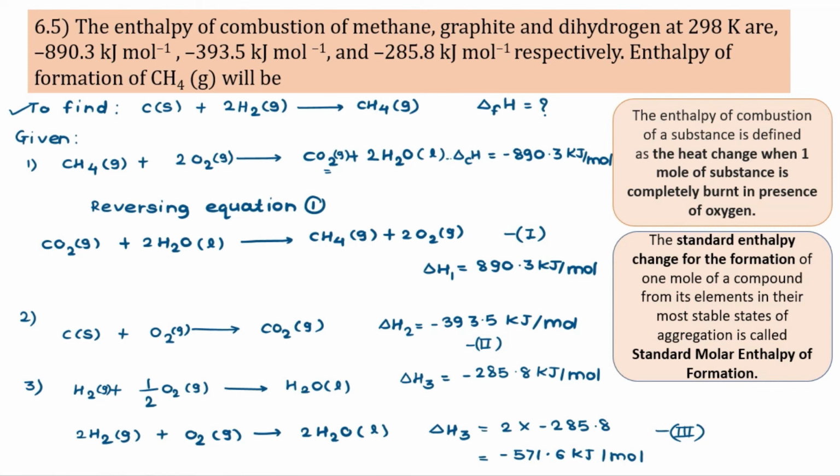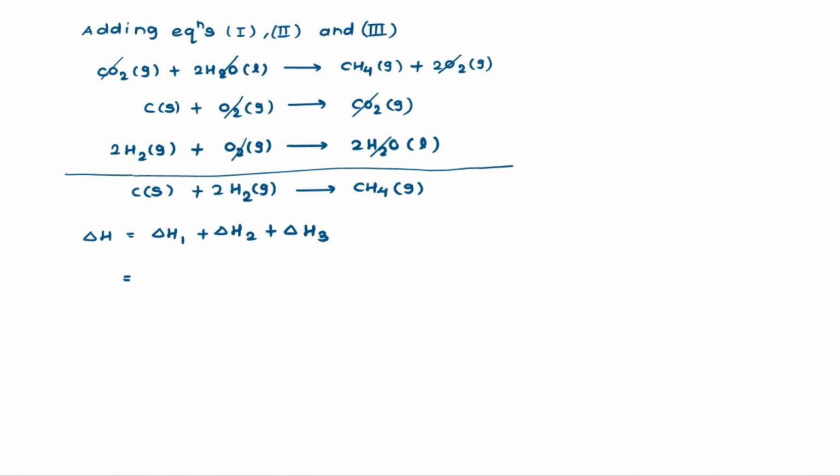And delta H3 is equal to minus 571.6 kilojoule per mole. So I am writing here 890.3 minus, because delta H2 is negative, 393.5 minus 571.6.